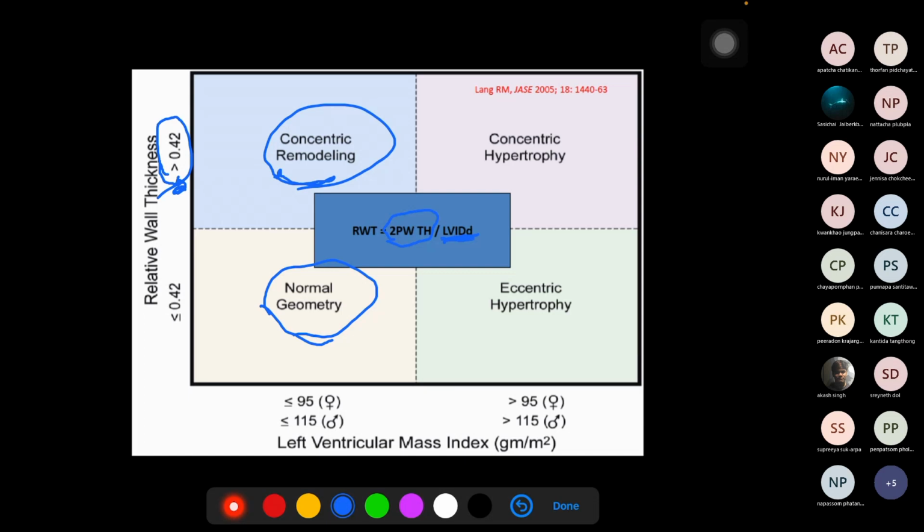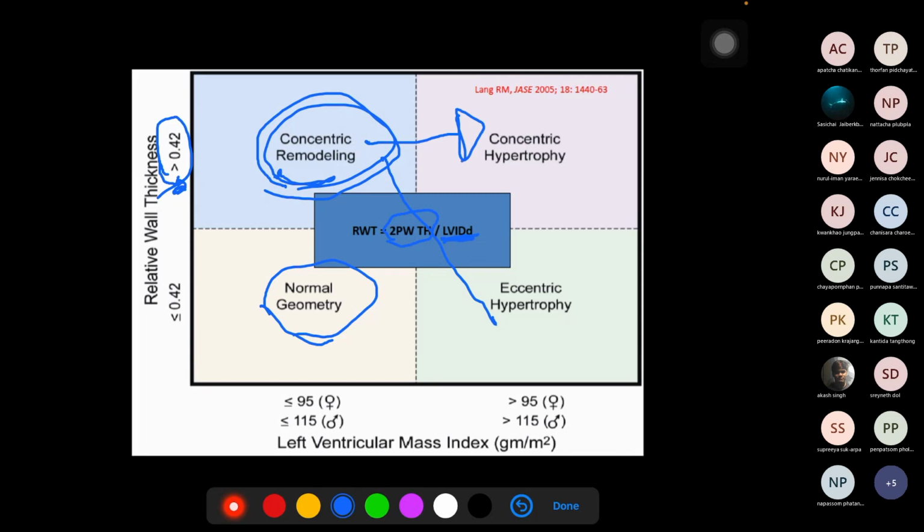When the patient has long-standing high blood pressure, before the LV wall is significantly increased in thickness, it starts from the concentric remodeling. When the patient has uncontrolled high blood pressure for a long time, this will change from the concentric remodeling to the concentric hypertrophy.